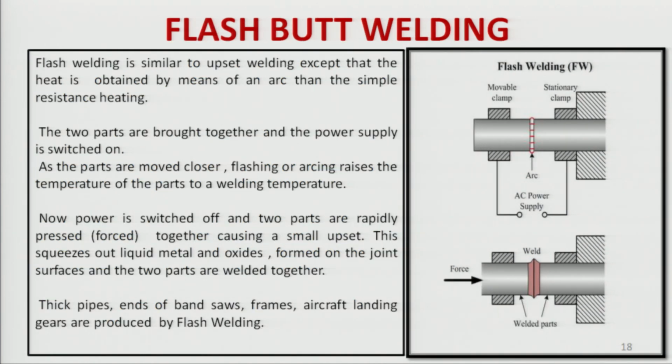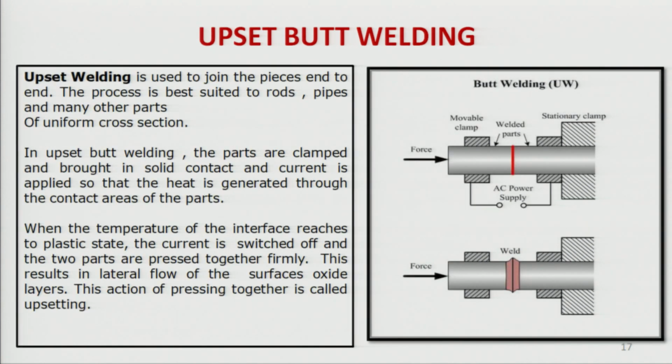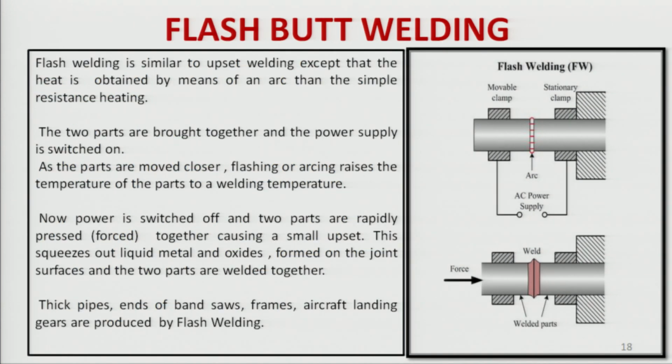This is flash welding. It is the same as the last one, upset welding, but here, by bringing the workpieces in contact, a flash will be generated, and because of that the welding joint is made and welding is done.